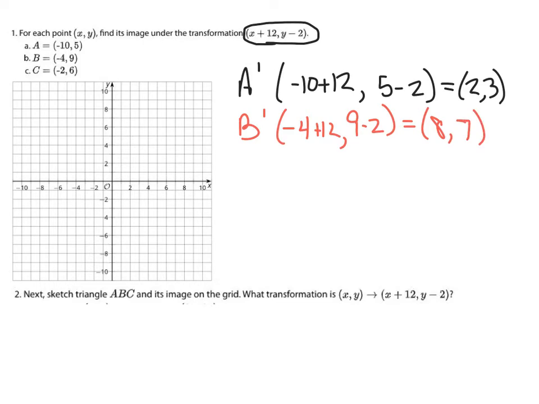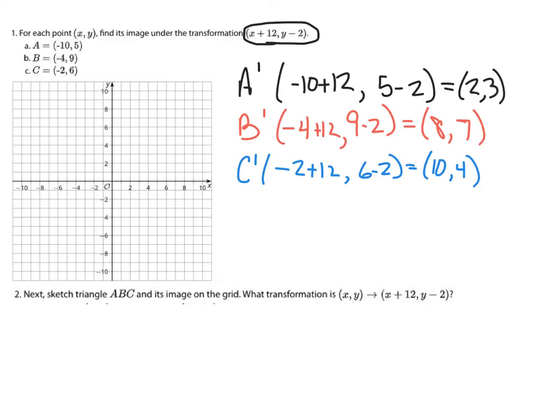And then C prime, negative 2 plus 12 and 6 minus 2, which will be 10, 4. So that finds the image.